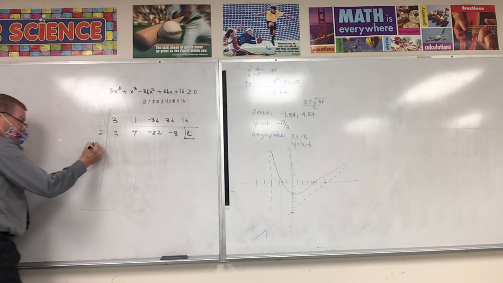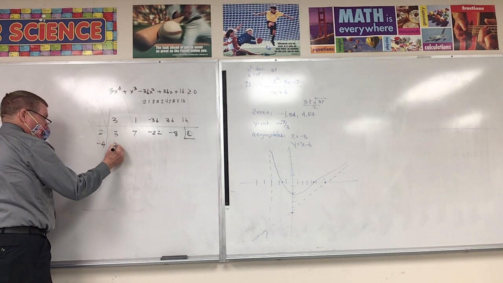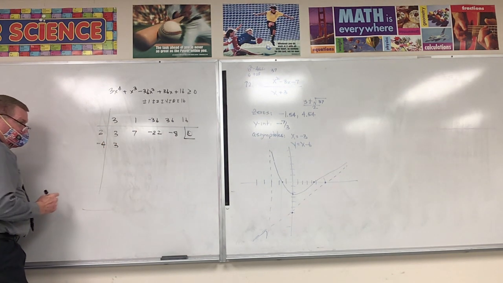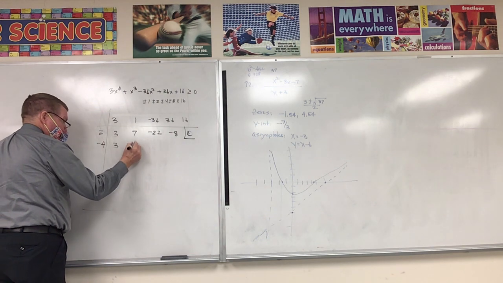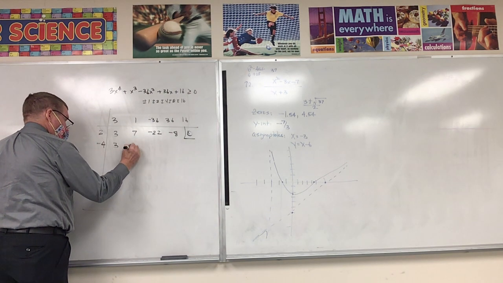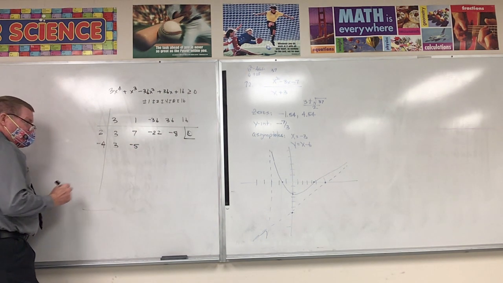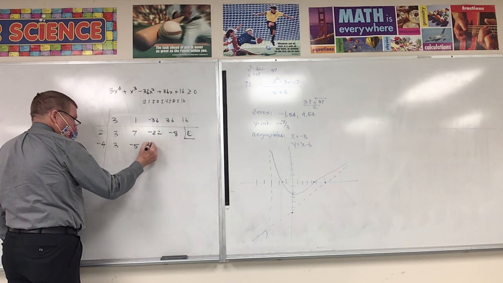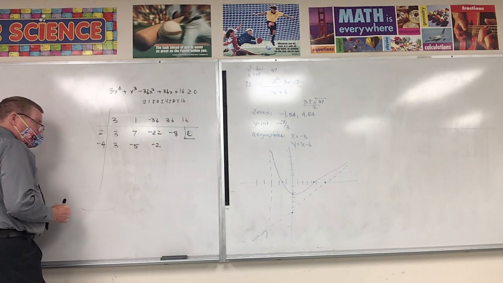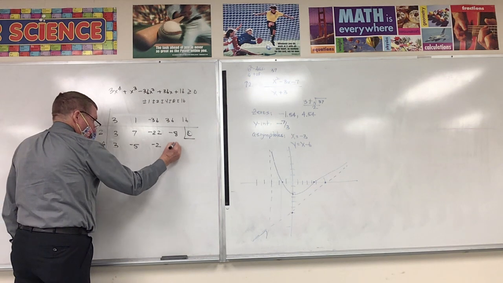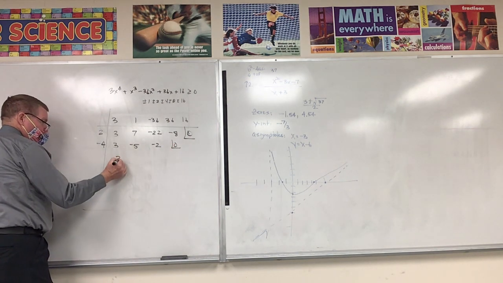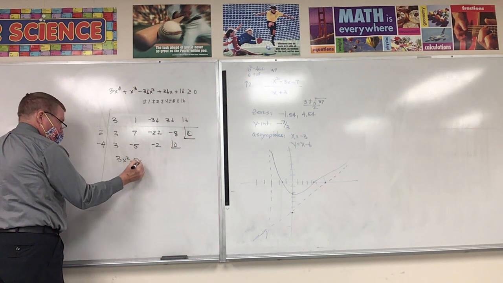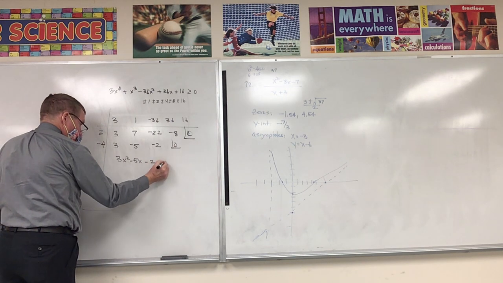Alright, what do you want to try next? Negative 4. We're down to 3, negative 4 times 3, whoops, negative 4 times negative 5, 20, negative 2, negative 4 times negative 2, 0. That leaves me 3x squared minus 5x minus 2.